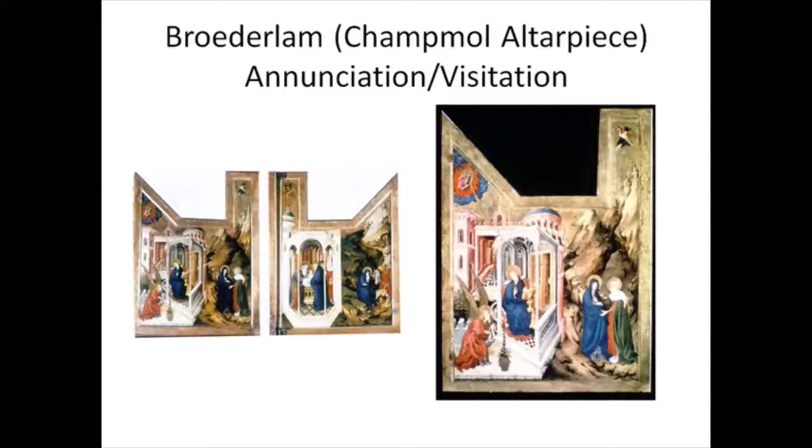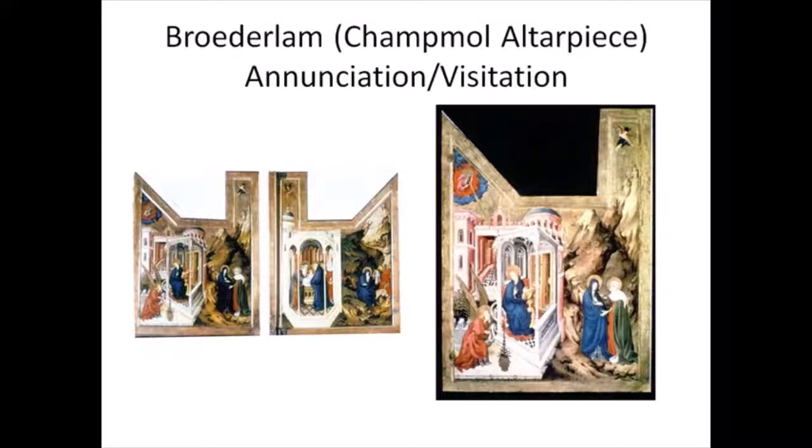The international style is also expressed in the ample use of drapery and in the softly rounded forms. If you compare it to the Lorenzetti paintings that we saw a while back, Broederlam's picture space strikes you as pretty naive, kind of childlike.